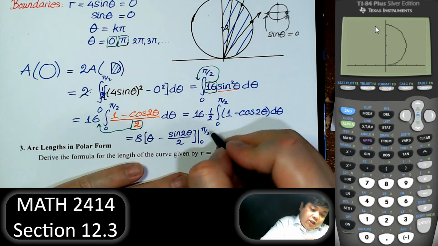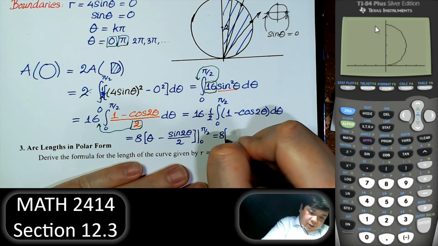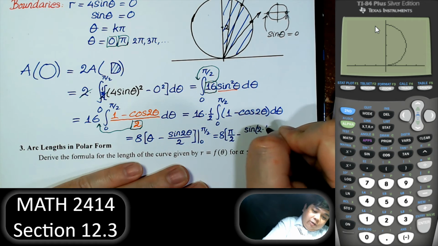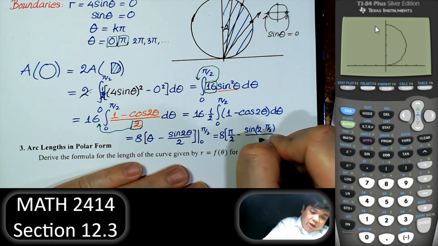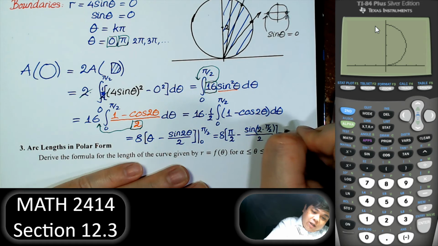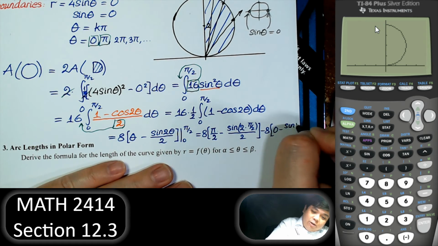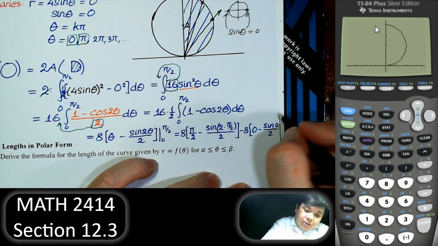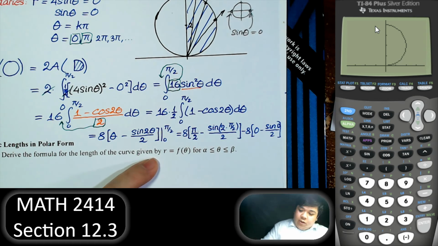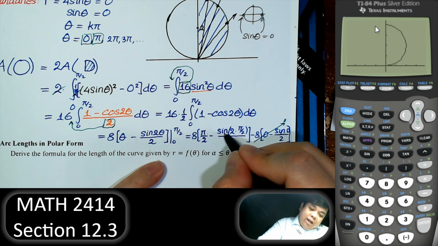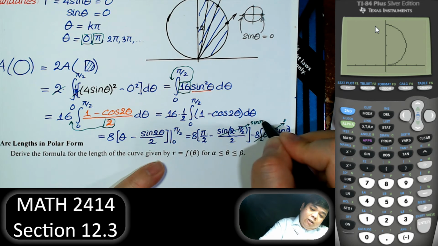Right, put in pi over 2. And then sine of 2 times pi over 2 divided by 2, minus 8 times 0 minus sine of 2 times 0 over 2. Right, sine of 0 goes to 0, and this is sine of pi, also 0.